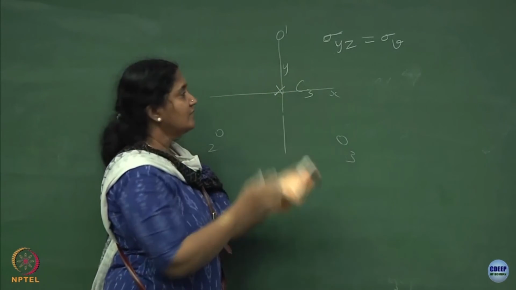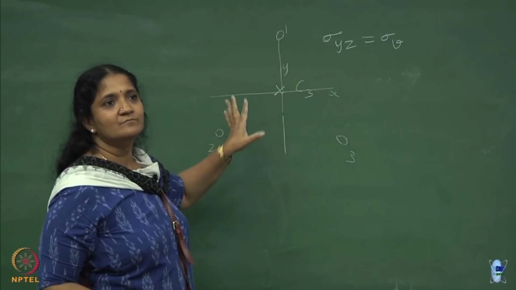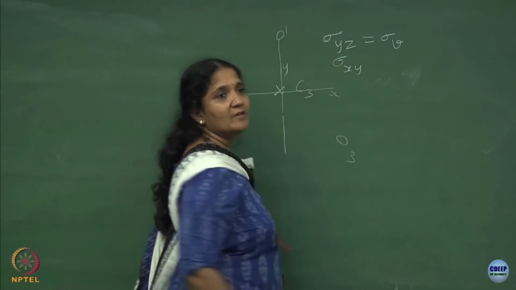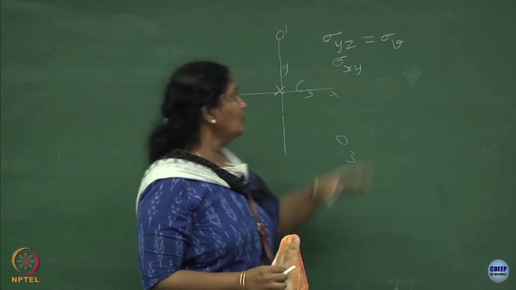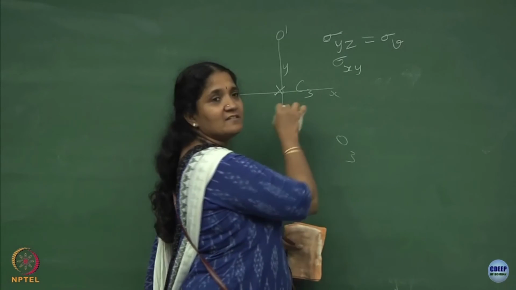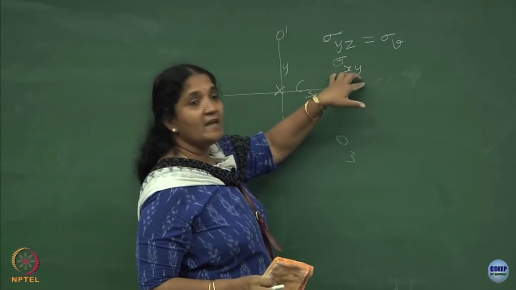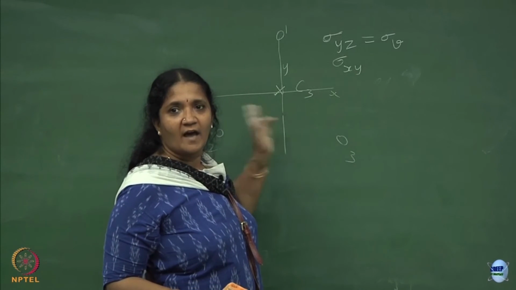Okay. There could be another mirror which is put on this plane, which is the xy plane. Okay. Another mirror could be in the xy plane. That one is perpendicular to the axis. This mirror plane is perpendicular to the axis.